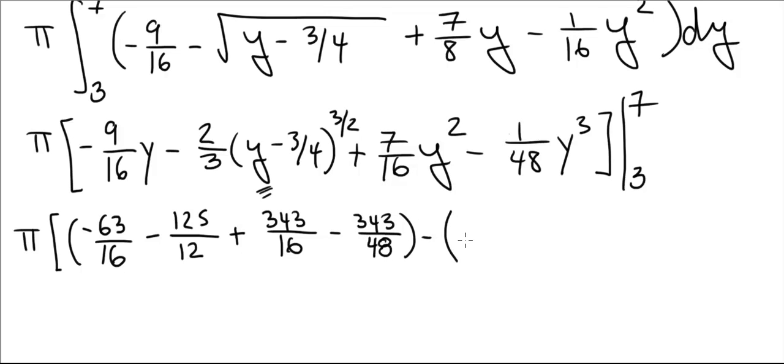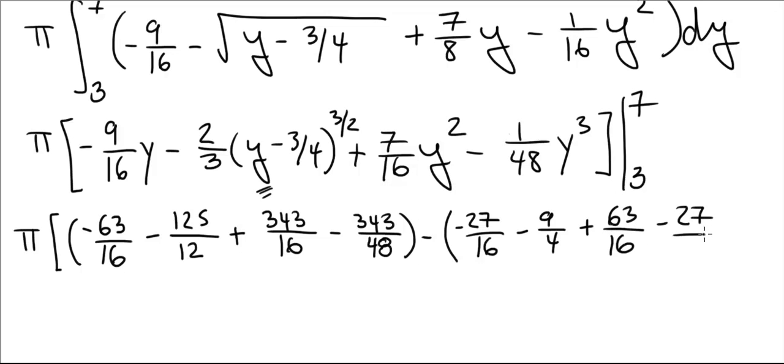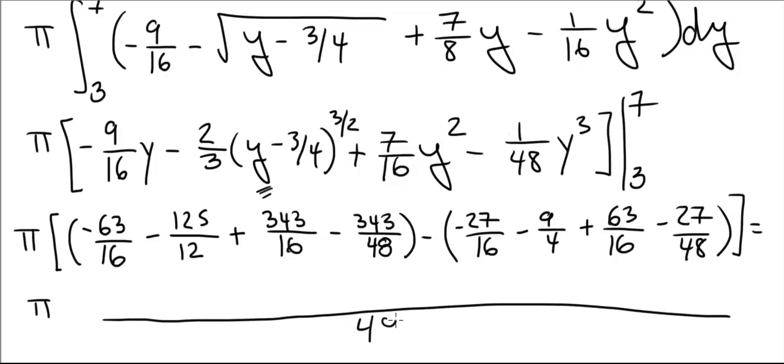Plugging 3 in, we end up with minus 27 over 16. Plugging 3 into the 3/2 power term, we get 12 over 4 minus 3 over 4, 9 over 4. Square root of that is 3/2. Cube that, 27 over 8 times minus 2/3, that is minus 9 over 4, plus 63 over 16 minus 27 over 48. So the common denominator here will be 48, and we can draw a big line like this and put 48 down here.